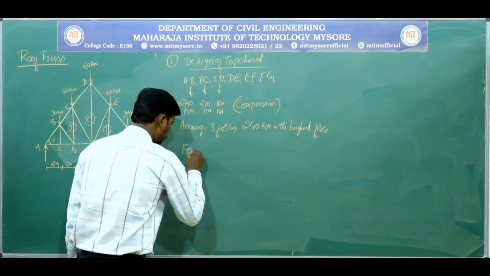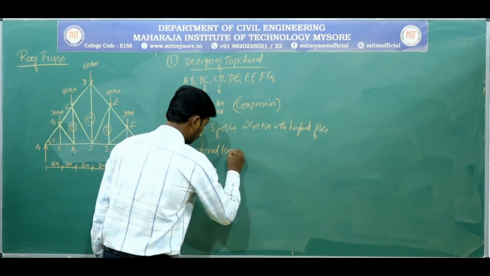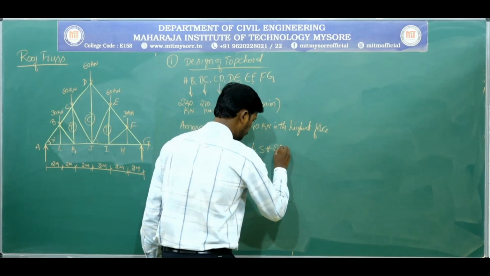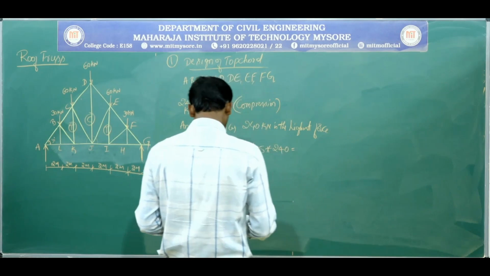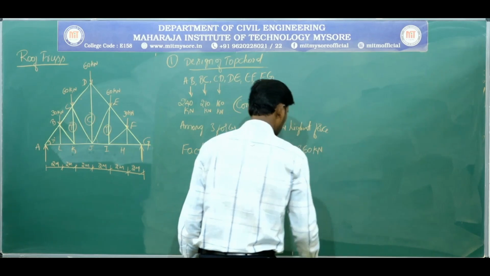So factored load is equal to 1.5 into 240, which is equal to 360 kilonewton.